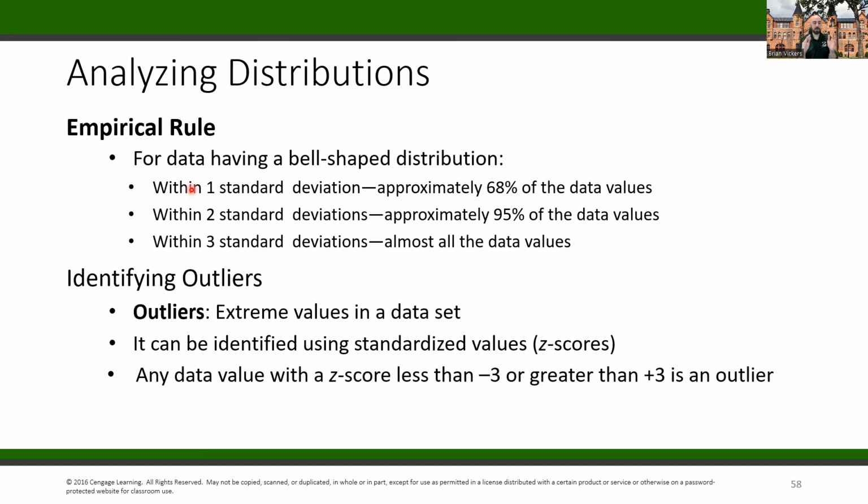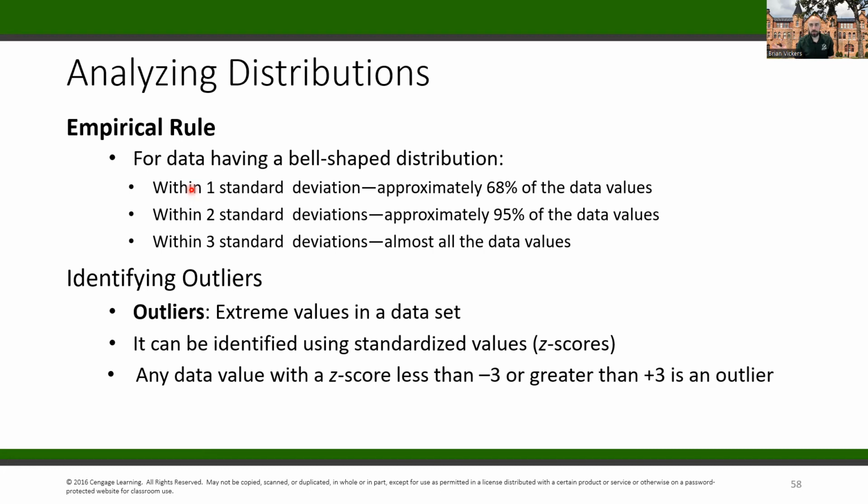And once you get to 3 standard deviations out, you're at about 99% of all data values, which means there might be some that lie outside of the 3 standard deviations, but that percentage is going to be less than 1% of all of them.